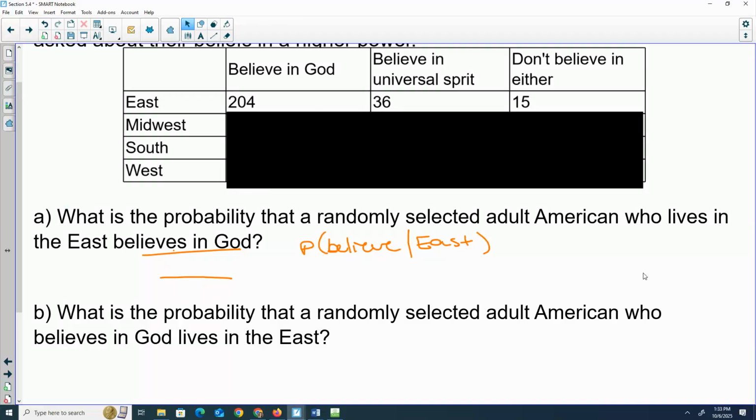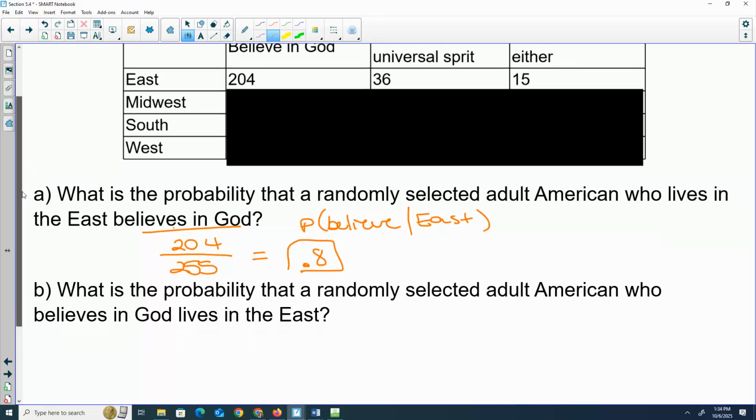So, if I've told you they're from the East, we are ignoring everyone else. How many people are from the East? Out of those 255, how many said they believed in God? So if we divide that, we get... okay. Part B.